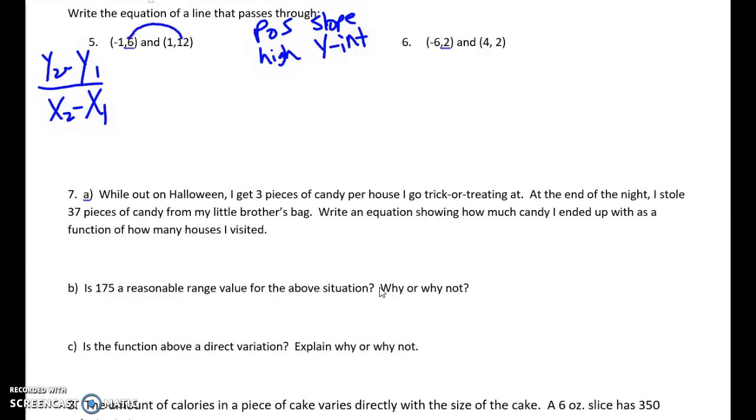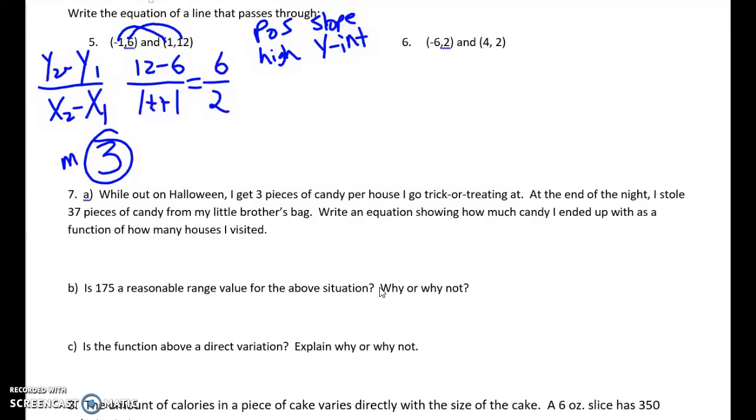We're going to do 12 minus 6 over 1 minus negative 1. That gives me 6 over 2. 6 over 2 reduces to 3. Reduce your slopes, always. Don't give me 6 over 2, don't give me 3 over 1. So that's my m. My slope is 3.